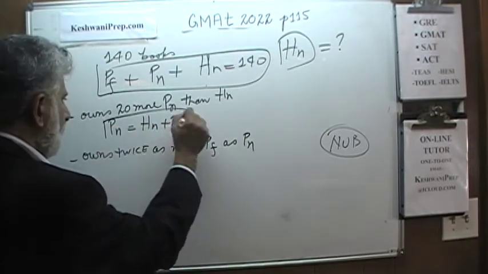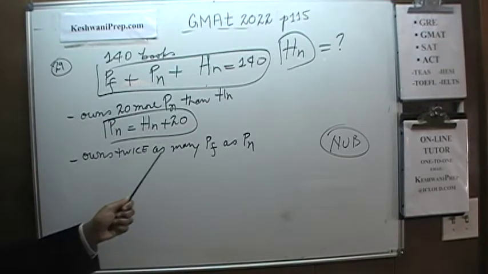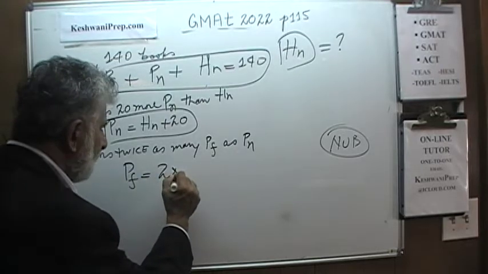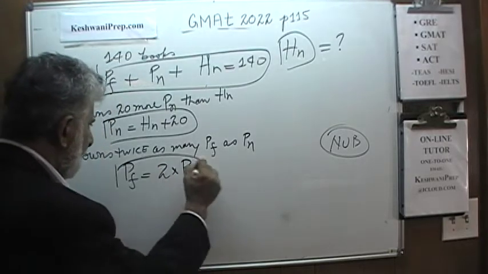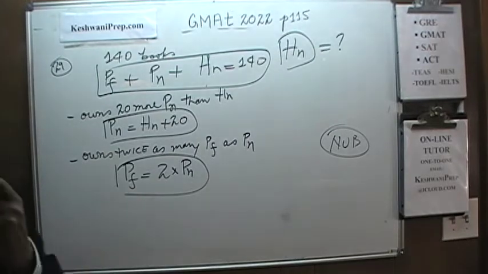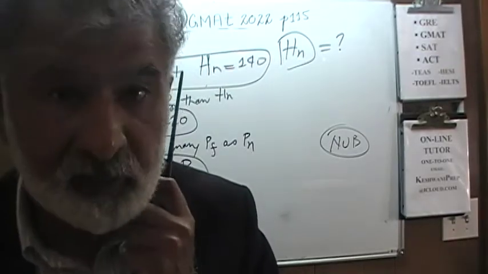That's our second equation. We're further told that he owns twice as many paperback fiction as paperback non-fiction.